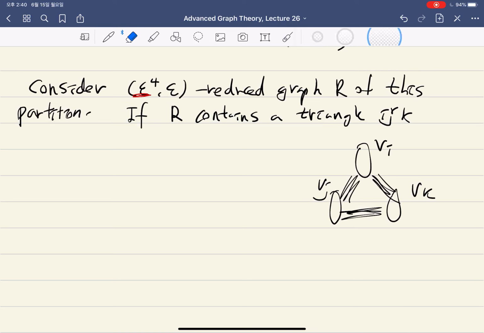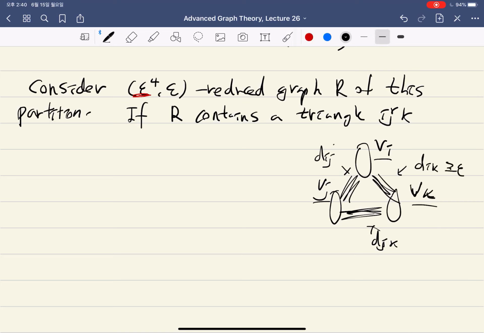So if R contains a triangle IJK, then we have 3 sets such that each pair has density Dij, Djk, Dik, which are all bigger than epsilon. And all of them are epsilon to the 4 regular.